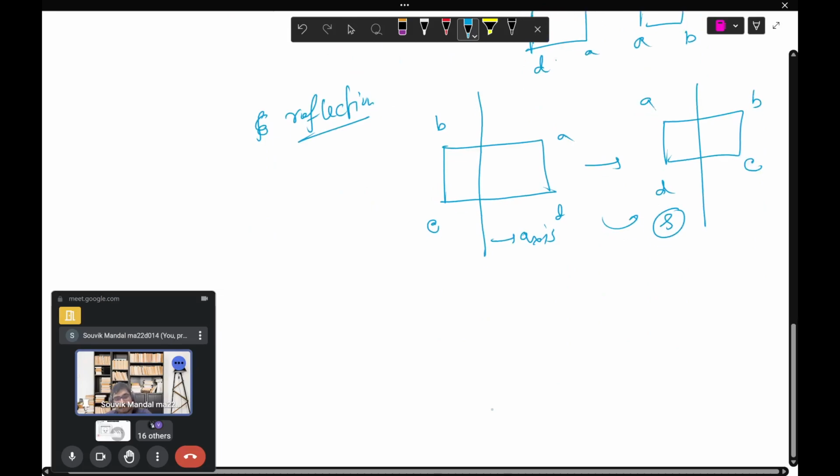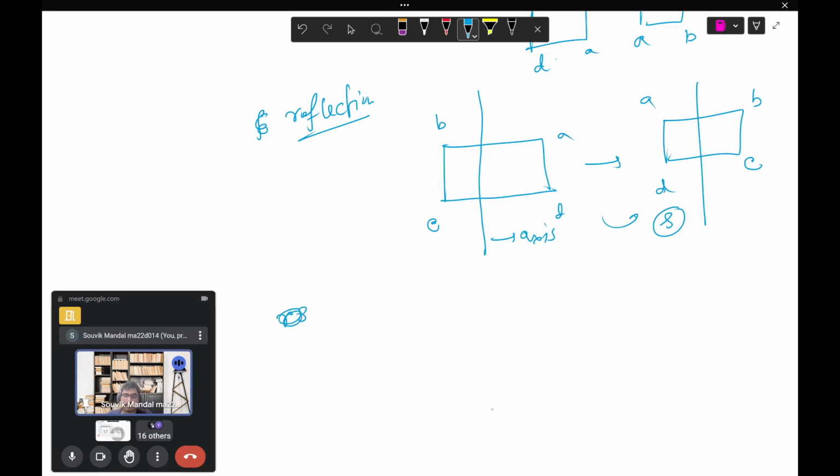Now the thing is, D8 is basically the group generated by these rotations and reflections, such that if we do the 4-time rotation, we will get the same position.